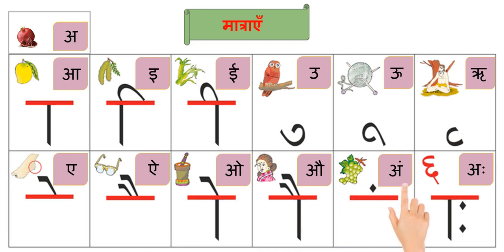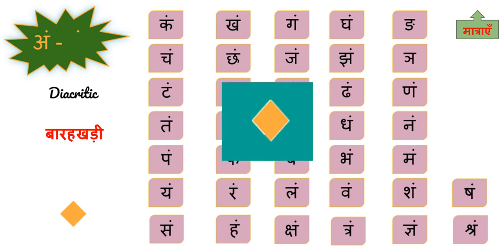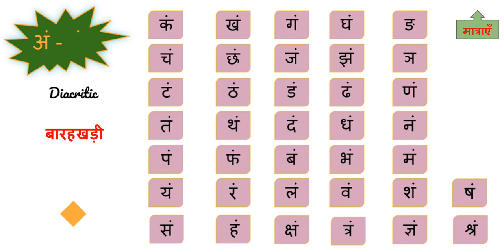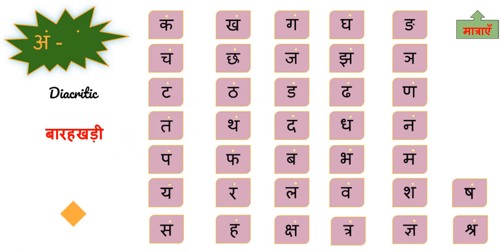अंगूर वाला अंग. This matra is simply one dot. One simple dot. When this dot is placed on the vyanjan, they look like this, like a diamond in the sky, or a drop of water on the consonants.